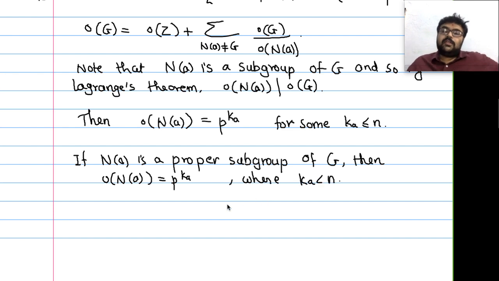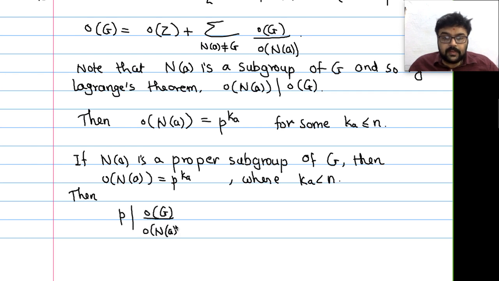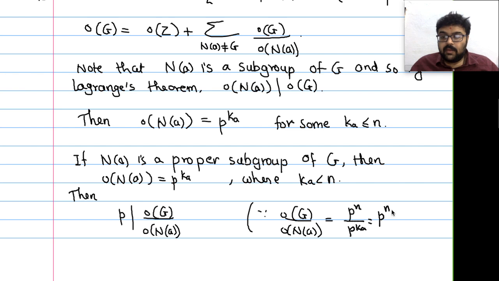In that case, P divides order of G upon order of N_A. Why? Because order of G upon order of N_A will be P power n upon P power k_A, so this is P power n minus k_A.